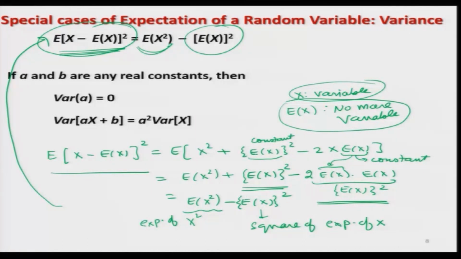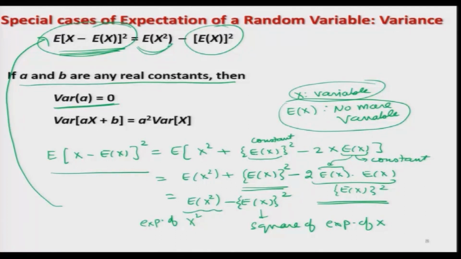And in case you assume that small a and small b are any real constants, then the variance of a constant is 0. You can see that if your friend always comes on time, with no variation, exactly at 5 p.m. for example, then all the values are constant, right.